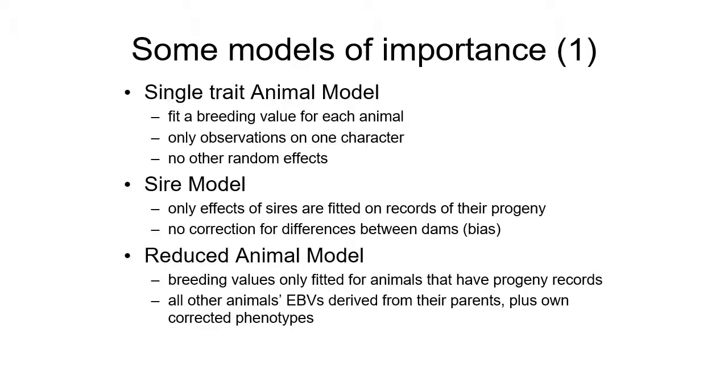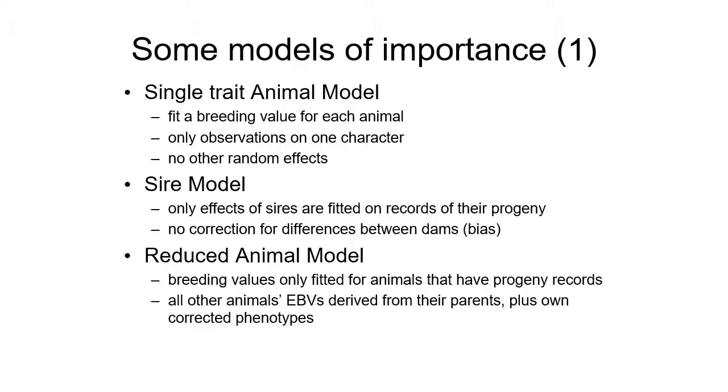So in the dairy world, when Professor Charles Henderson started with blood, he started with a sire model, simply because of the fact that the computing facilities in the world were not adequate enough to handle more complex models. You basically work with the mean or average value of sire progeny groups, and the problem is also that there's no real correction for the differences between dams.